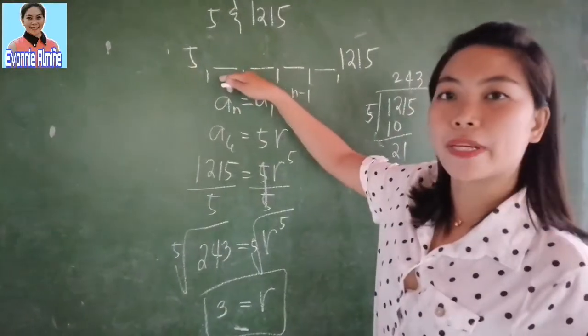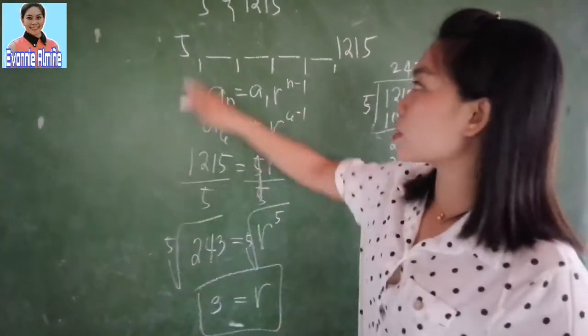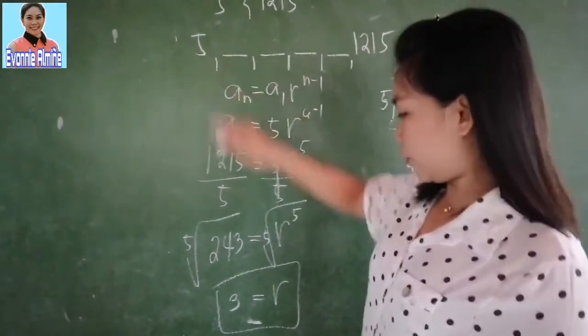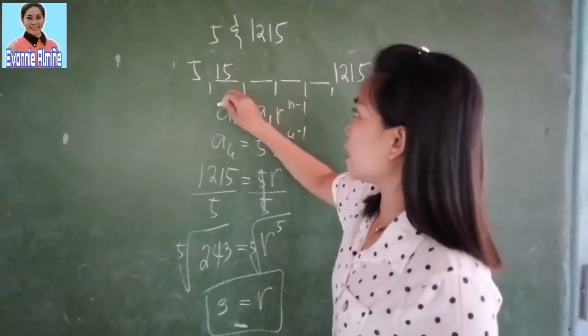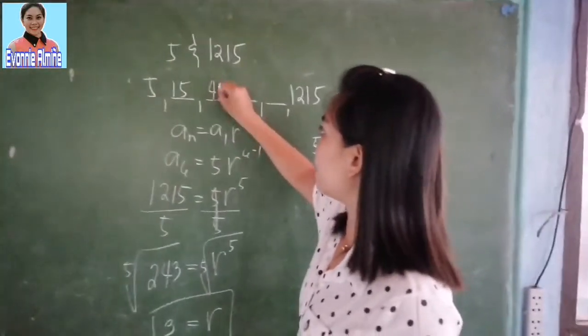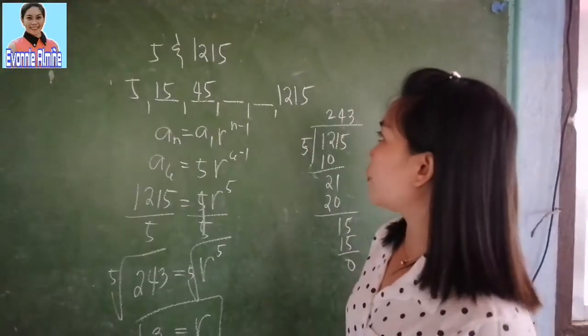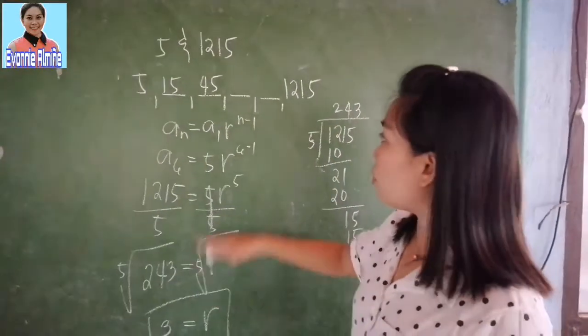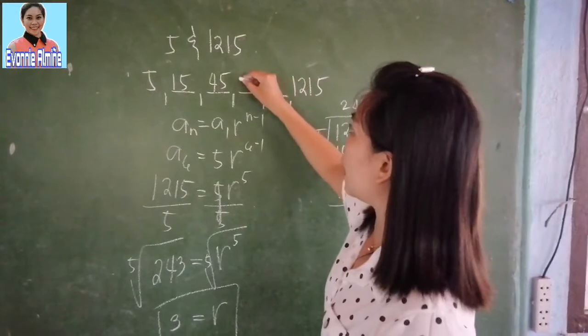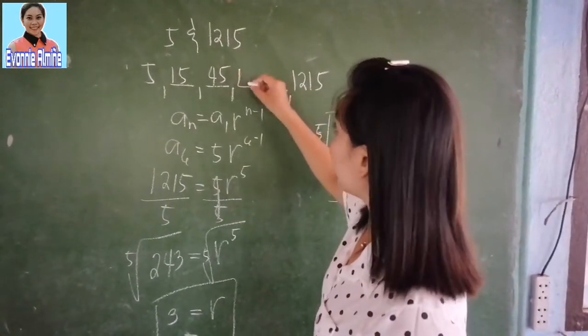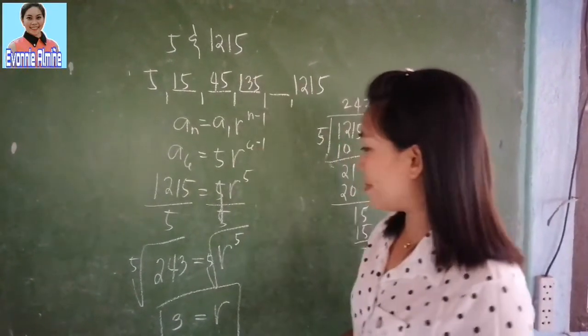Now, let us supply the missing terms by multiplying the common ratio by the first term. So 5 times 3, you have 15. Times a 3, you have 45. Times a 3, you have, what's the answer? Multiply 15 carry 1. So you have 135. Tama po ba?